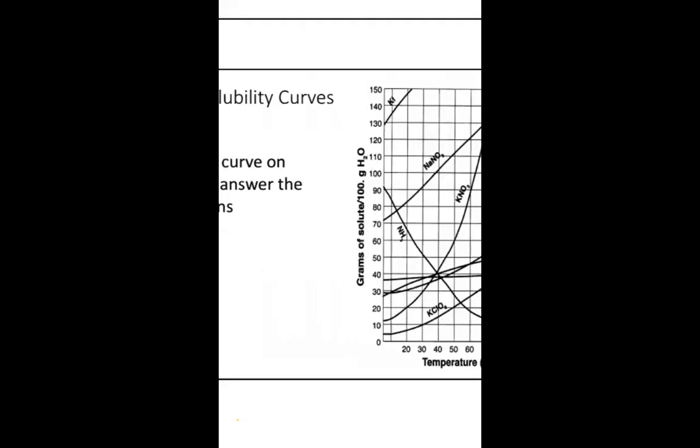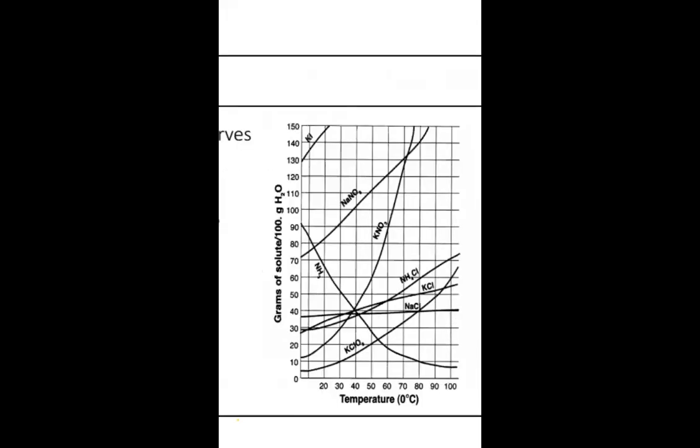Taking a look at this graph first, let me do a quick analysis before I proceed. We have different salts with different solubility curves, and all the solubility curves have been plotted in a single graph. As you can see, we have potassium iodide at the topmost end of the graph.